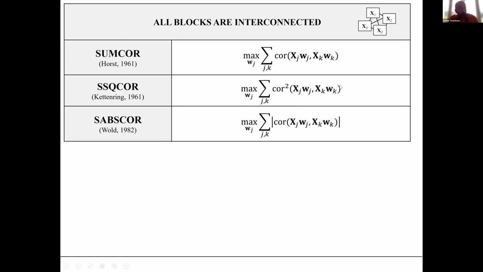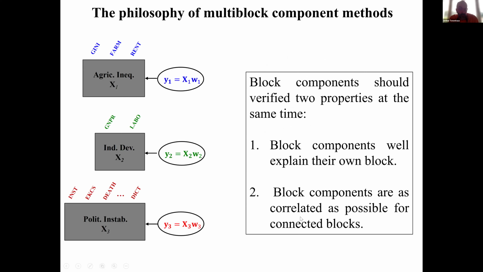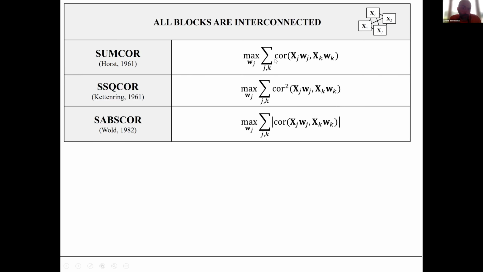But if you maximize the correlation, you are okay with the block components being as correlated as possible, but you don't take into account the fact that the block components will explain their own block. This is a problem because we want stable block components that explain their own block.